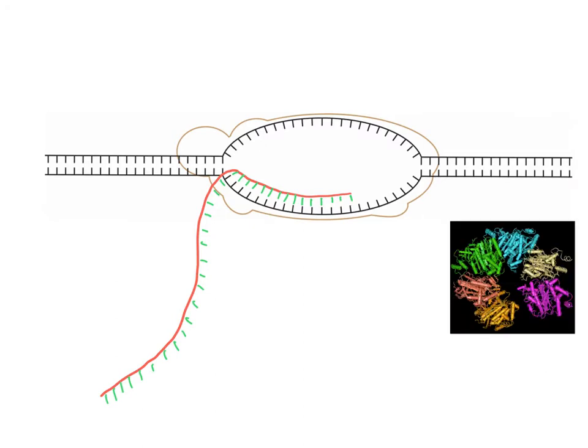So the rho protein is a hexameric RNA helicase. Here's a 3D structure. And this RNA helicase is able to bind to RNA and move along the RNA using energy from ATP hydrolysis. So in schematic form, the rho protein looks something like this.